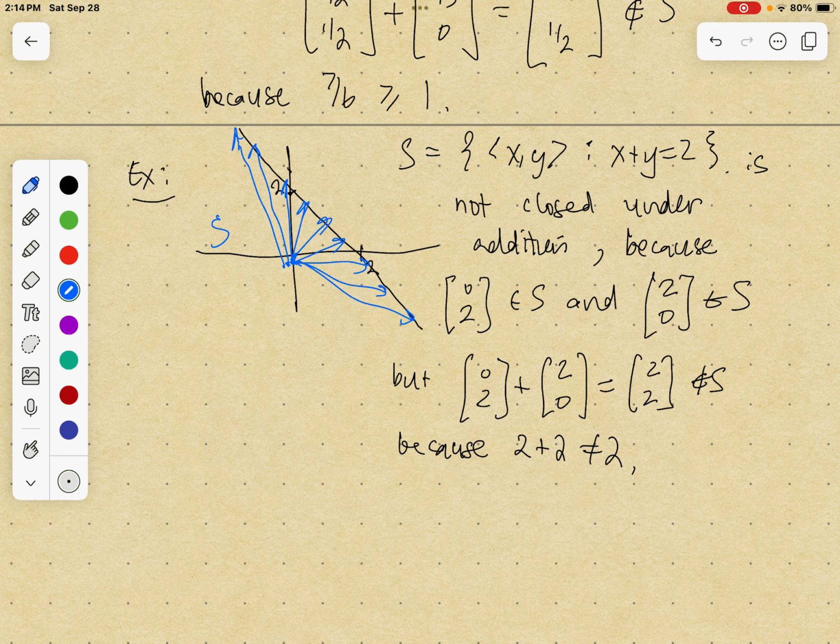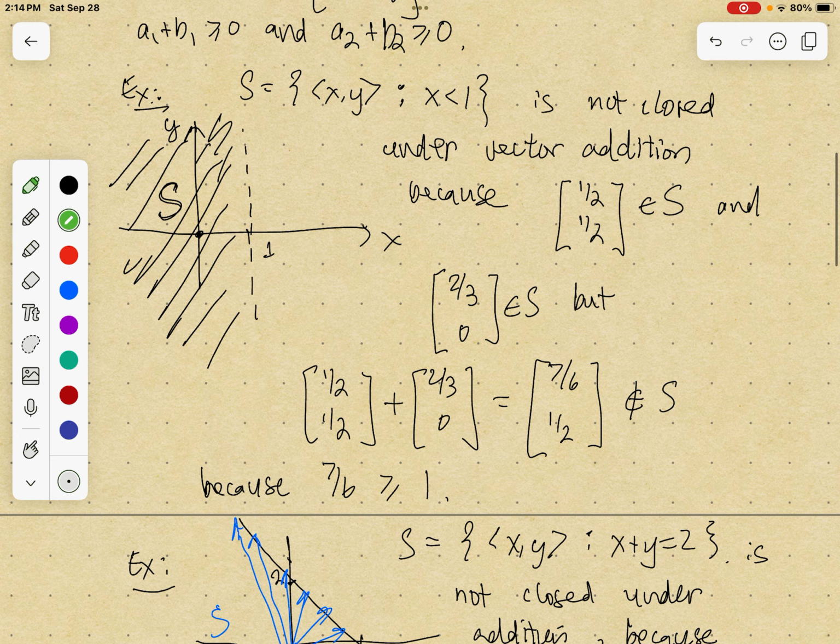And it's true that you can find two vectors that, when you add them, the result is not in S. In fact, it's not possible to come up with two vectors in S whose sum is in S. Because if you have the first vector, the sum of the components is 2, and then when you take your second vector, the sum of the components is 2. So when you add them, the sum of the components is actually 4. So it's really easy. Any example that you come up with, the sum will not be in S.